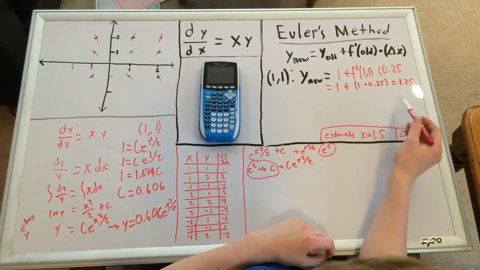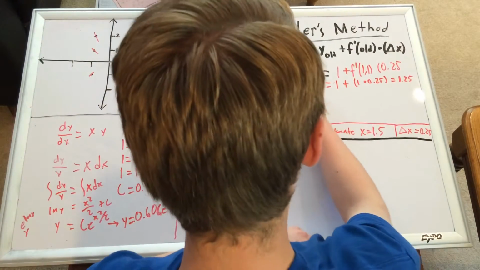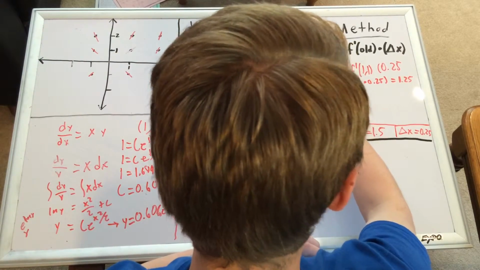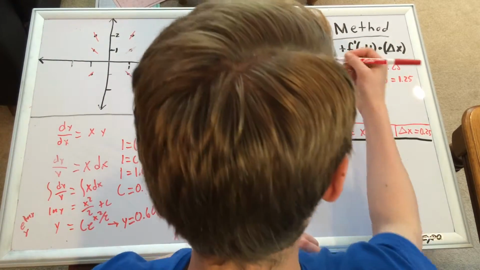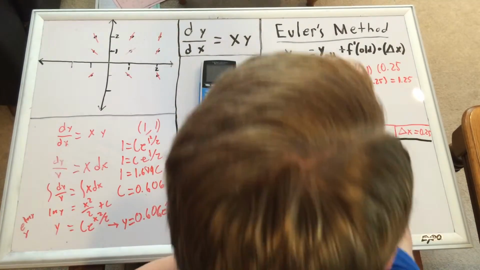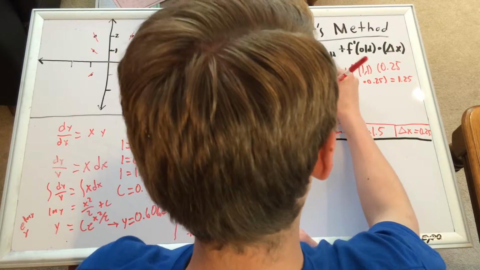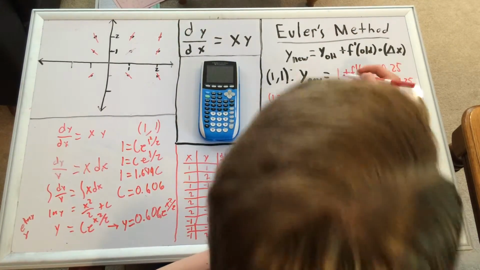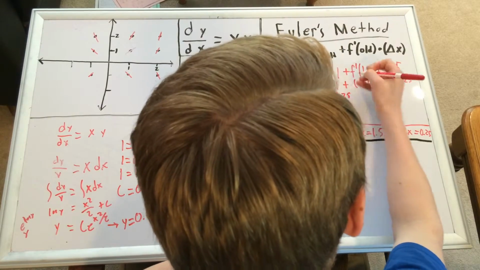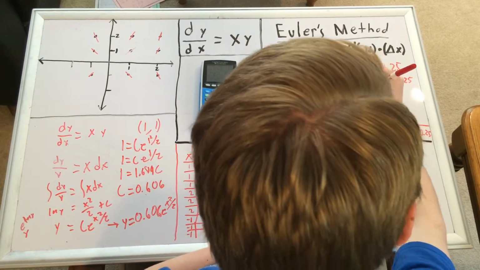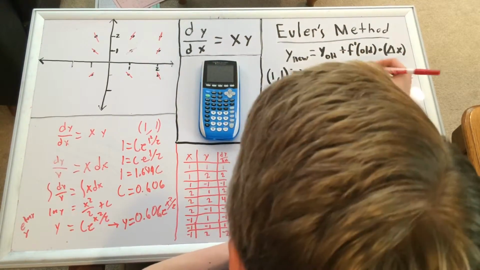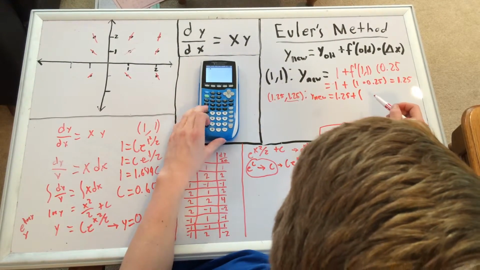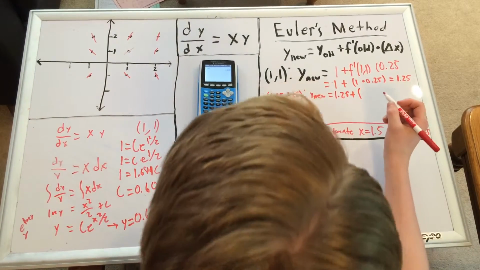So now we have a new point, (1.25, 1.25), and we're going to use this now to estimate 1.5. So the y new is equal to our old y value, so 1.25, plus f prime of this point, so that will equal 1.25 times 1.25, which equals 1.5625.